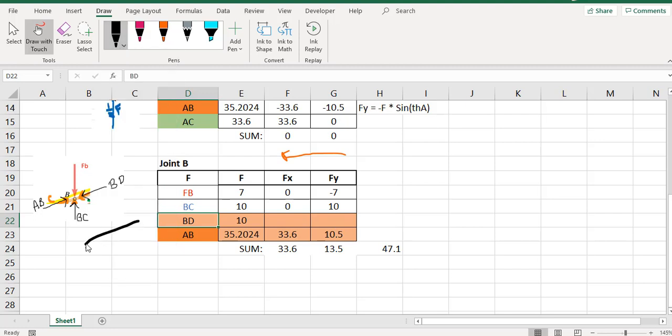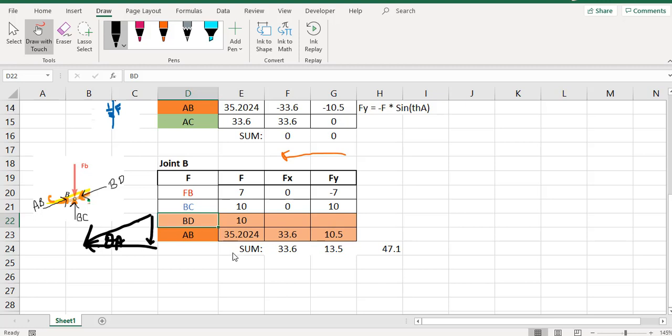So if I have BD going down, and I know what angle that's at, it's at the same angle that the other one was. So it's going down in the Y direction, over in the X direction, and this is that theta A again, right?